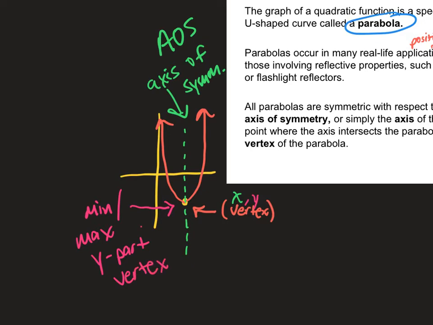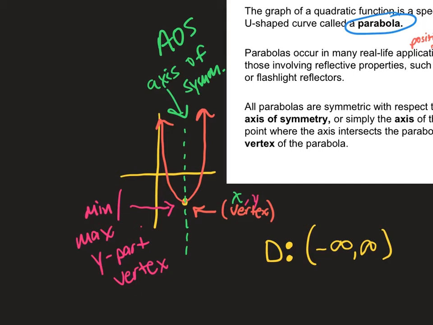So once you find the vertex, you can really tell a lot of stuff. Write this down, and if any of you ever get this question wrong on a test or a quiz, I'm going to be so upset at you. The domain for every single parabola we talk about from now until you are 923 years old is negative infinity to positive infinity.